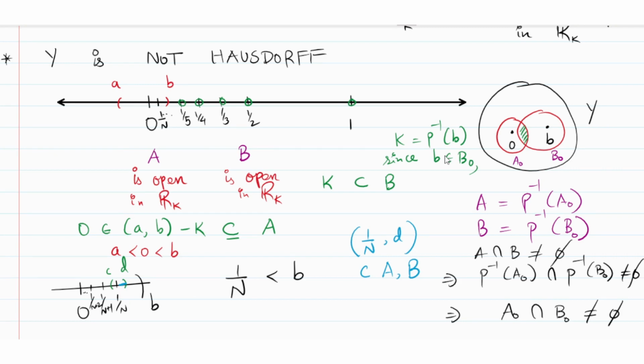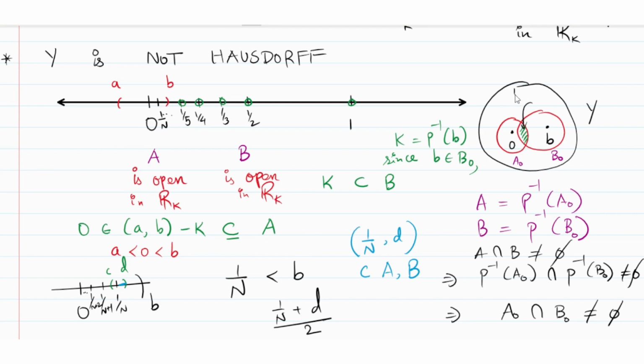So that will say that A intersection B is not equal to phi, and hence A0 intersection B0 is not equal to phi. So there are a few elements. For example, here I could say 1 by n plus d, the whole by 2, the middle element of this blue segment, that will belong to P of that.